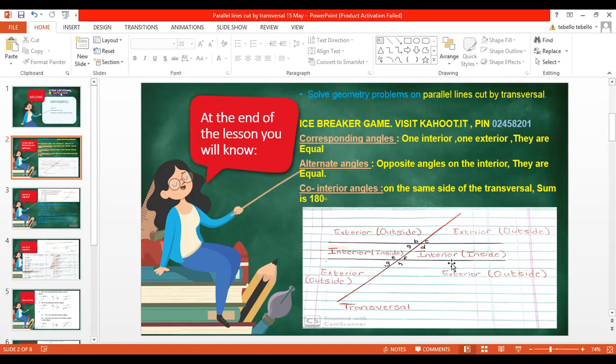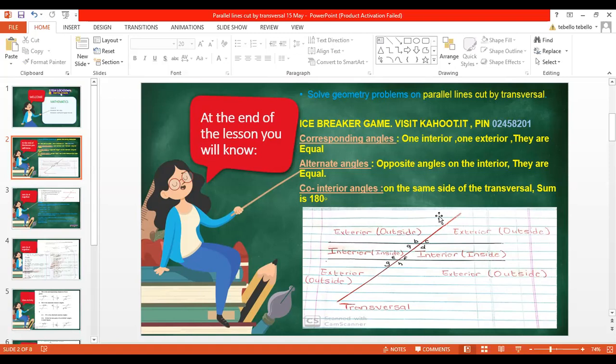Now, we have other angles that can be formed here on our sketch. The first one is corresponding angles. Corresponding angles are one interior and one exterior, and they are equal. If one interior equals 45 degrees, the exterior will have to be 45 degrees.